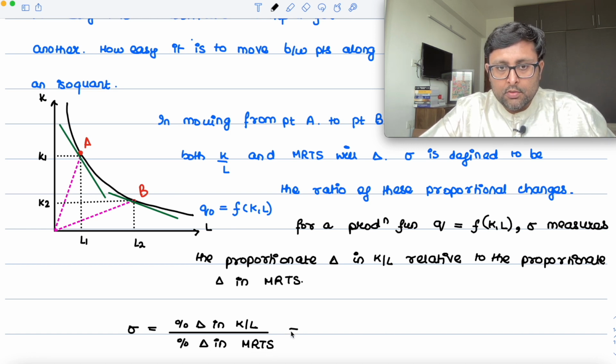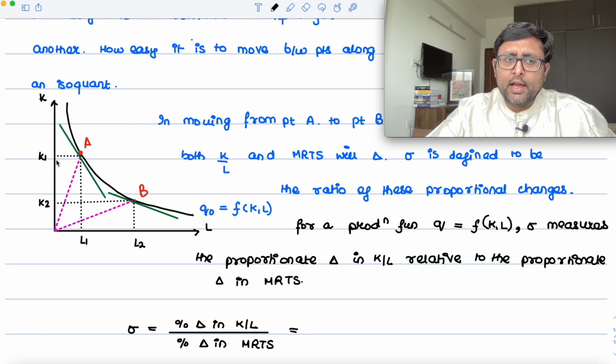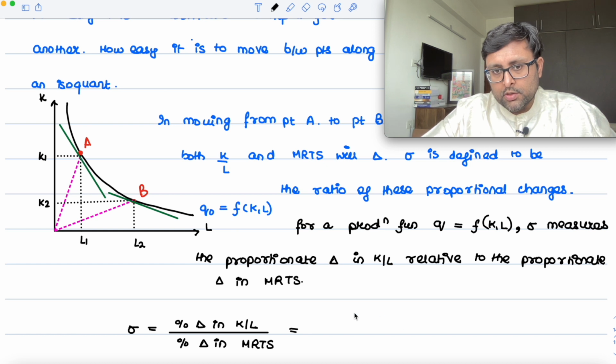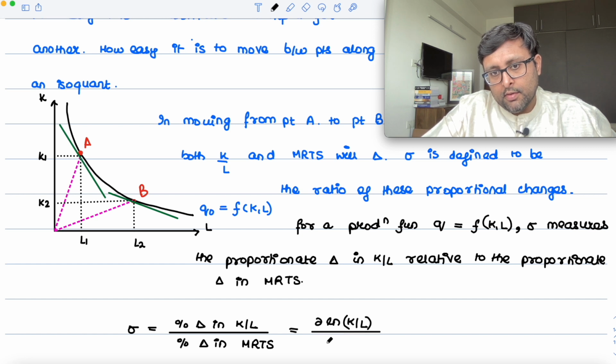So, of course, you can write proportionate change in K by L as K by L at point B minus K by L at point A upon K by L at point A, upon MRTS at point B minus MRTS at point A upon MRTS at point A. So, this could be written also as del log of K by L upon del log of MRTS.